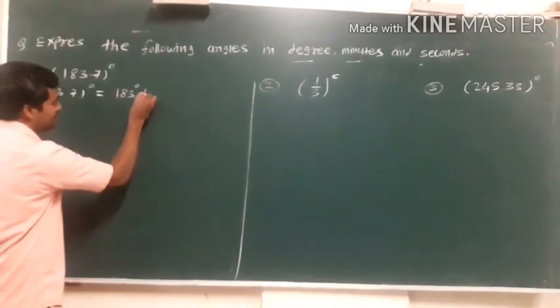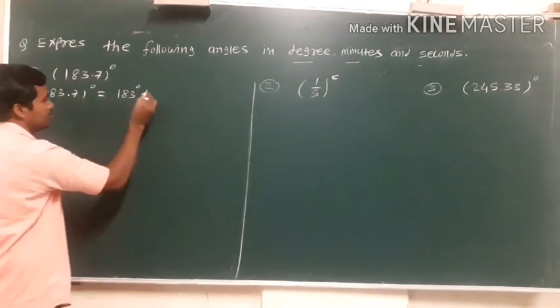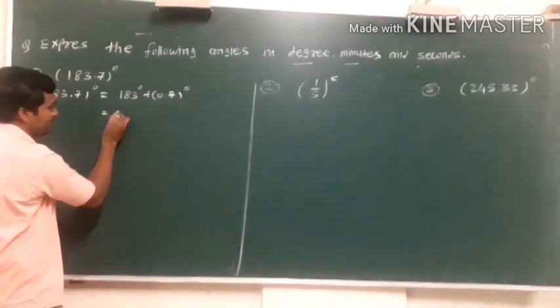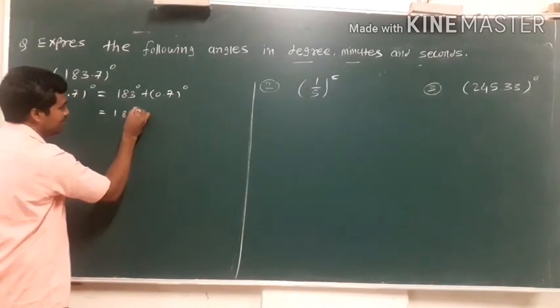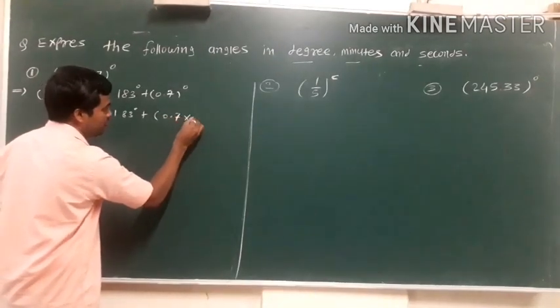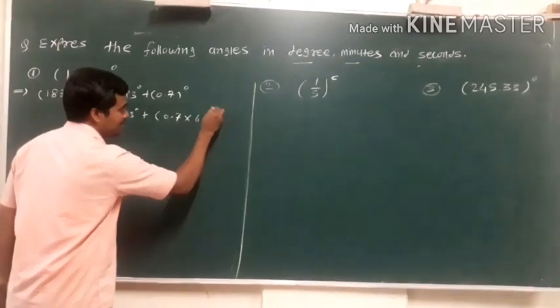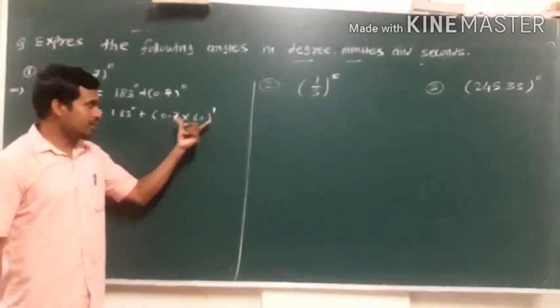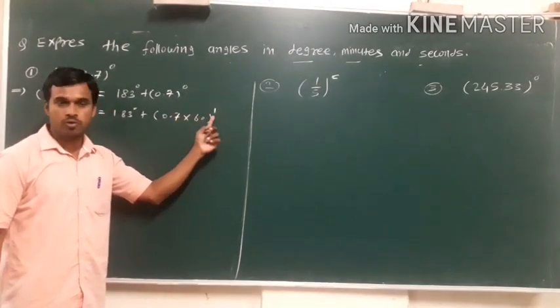183 degree plus 0.7 degree. Next step, 183 degree plus 0.7 into 60. 0.7 multiplied by 60 converts degree to minute.